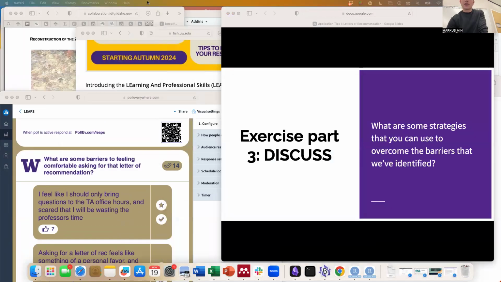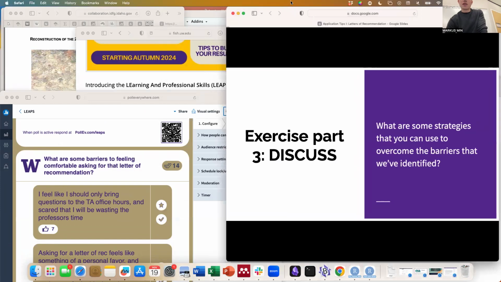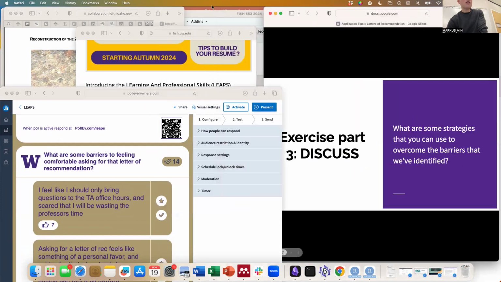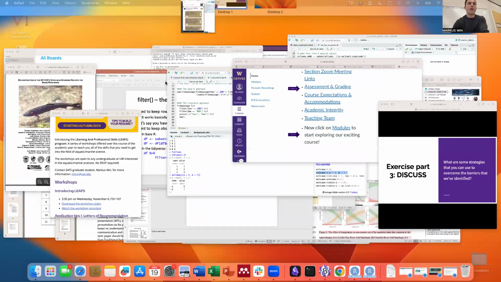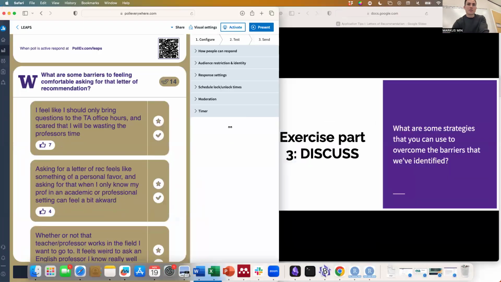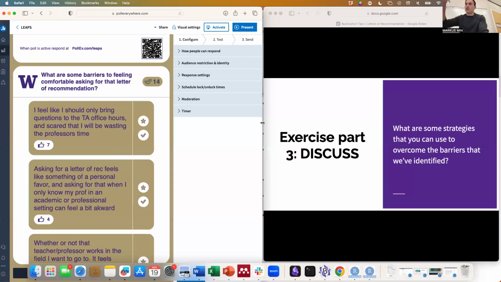Hopefully you can all still see. If there's anything up here that you can think of ways to address, I'm curious to hear what you think might be potential solutions to the things that came up.